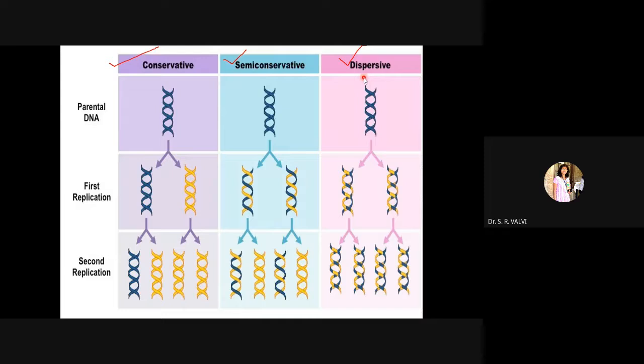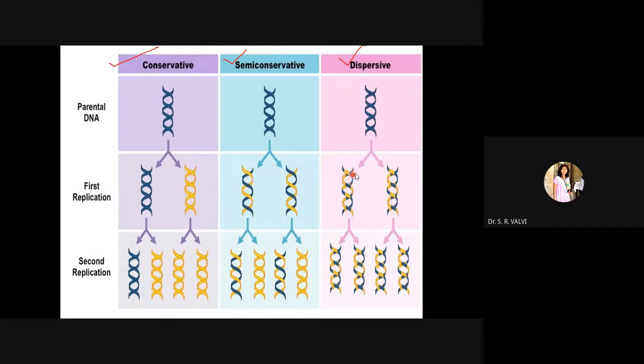Now come to the dispersive. So when do we call it the dispersive type of replication? Now you can see here, in case of dispersive, we are observing small patches of blue color and small patches of yellow color. Just focus on my pointer, right?